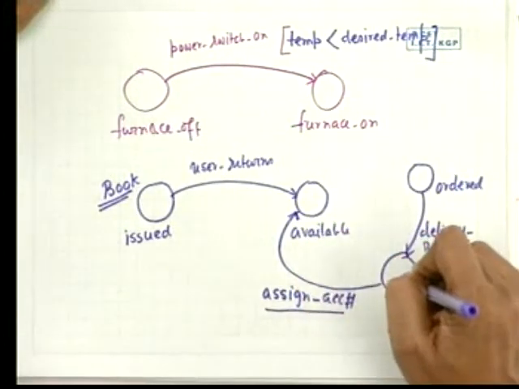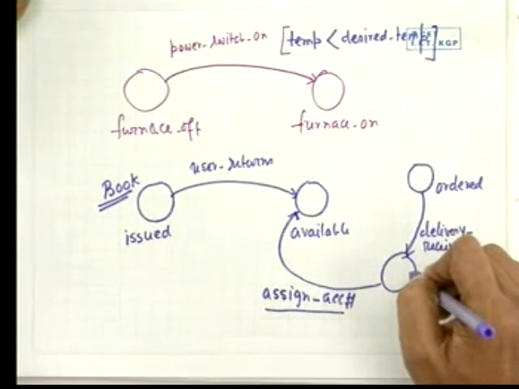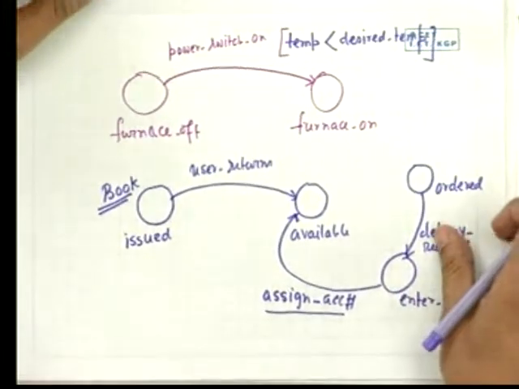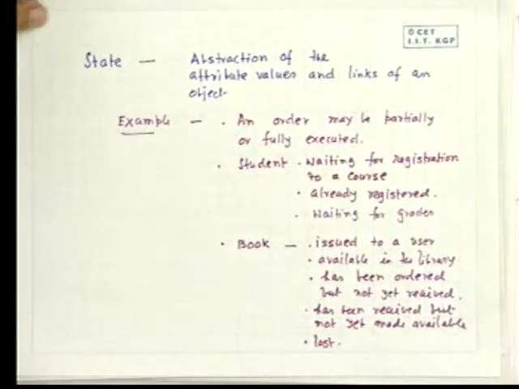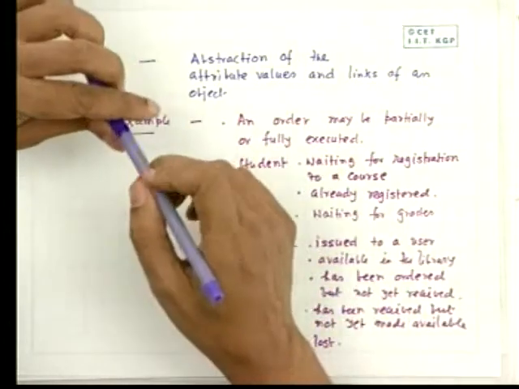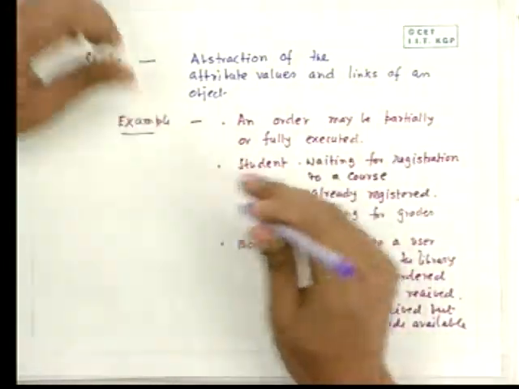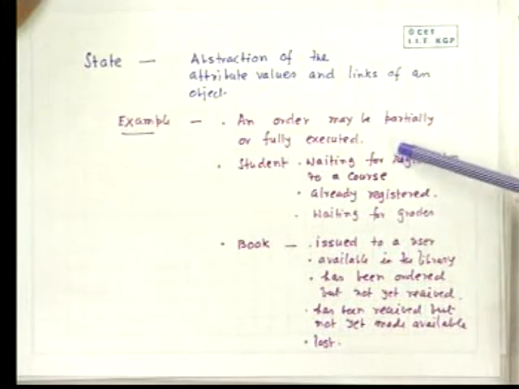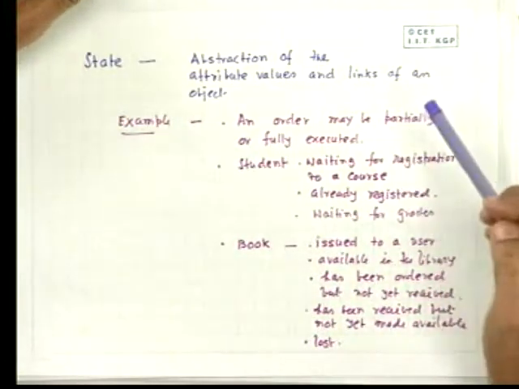In this state the book cannot be issued to any user. So what we are seeing here is that the state of an object identifies what operations can be performed on it. We can say that not all operations can be performed in every state.